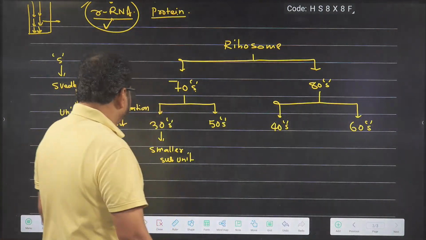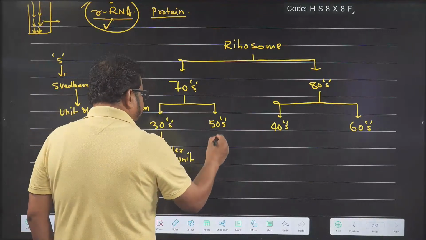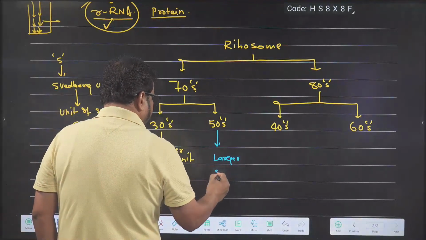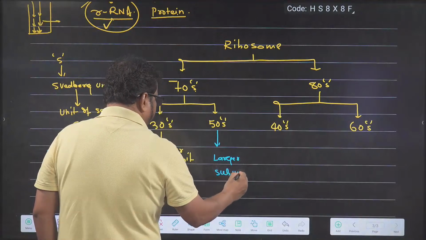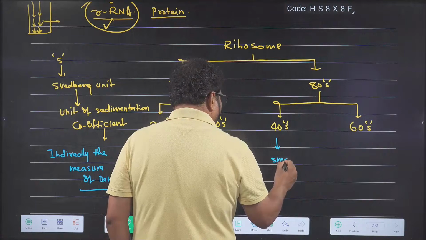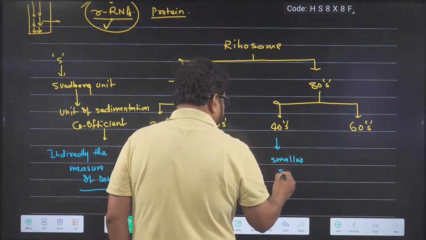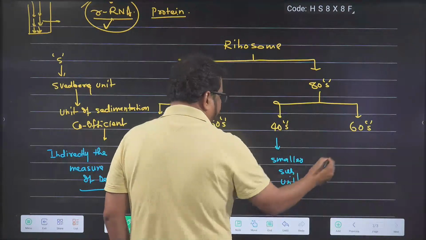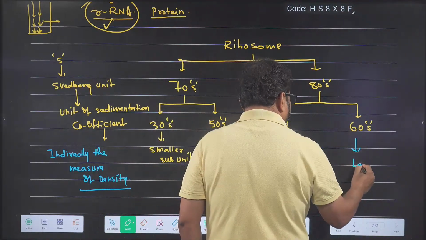Got the idea? So 30S is the smaller subunit, and this is the larger subunit. Here 40S is which one? Smaller subunit, and 60S is the larger subunit.